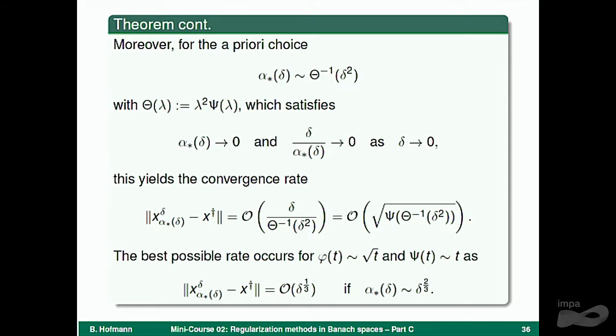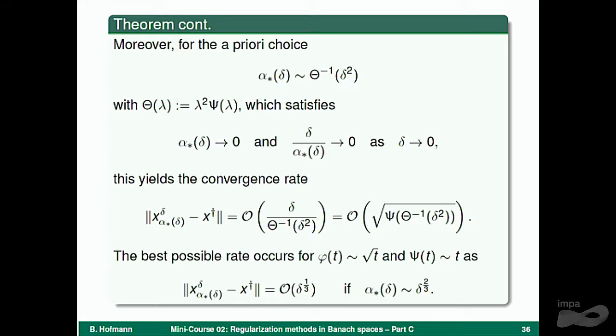If alpha is a priori chosen in that way, you get the classical form. Now in Lavrentiev form, not a square, but only a first power here. And the result is, based on the variational source condition for Lavrentiev, we get such a rate result. And if phi is square root of delta, psi is proportional to t, we get such a rate, big O of delta to the power 1 over 3, if alpha is chosen as delta to the power 2 over 3.